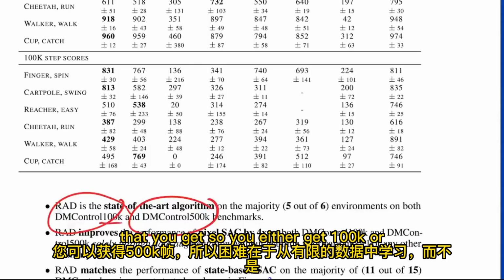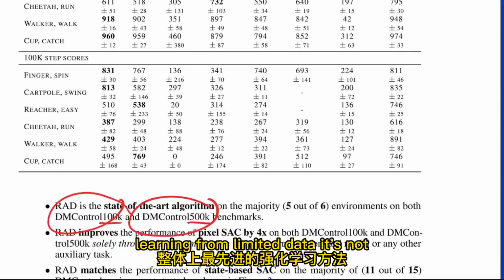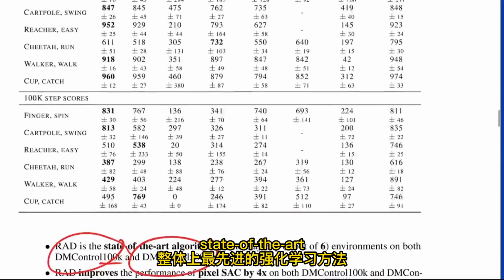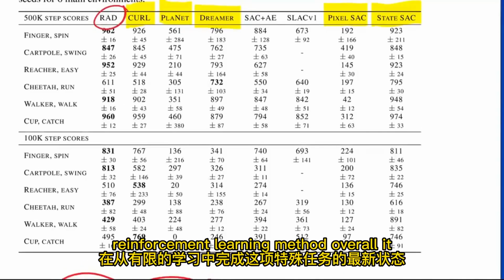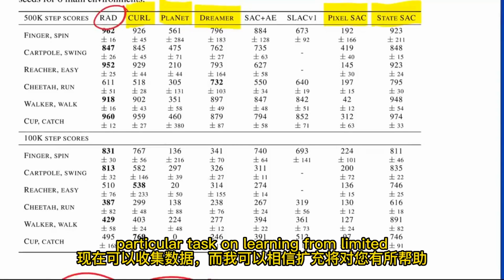So you either get 100K or you get 500K frames. So the difficulty is learning from limited data. It's not the state-of-the-art reinforcement learning method overall. It is the state-of-the-art on this particular task, on learning from limited data.